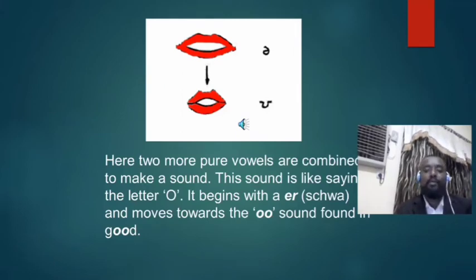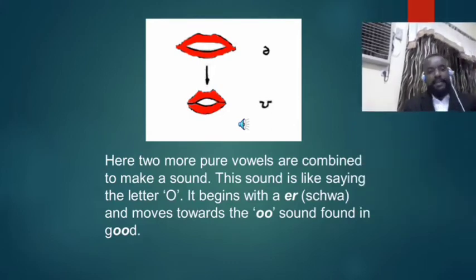Schwa and O. So here there is also another one. Look at the shape of the lips. Two vowels are combined to make a sound. This sound is like saying the letter O. It begins with schwa and moves towards the double O sound found in good.